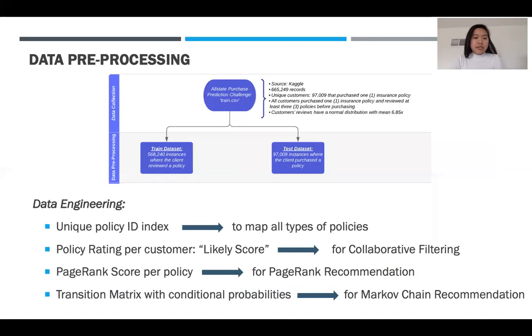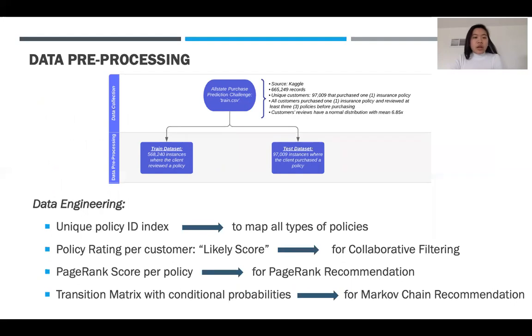The first step we did for our data pre-processing was that we split the training data set into 2 subsets based on whether a customer has purchased the policy or not.